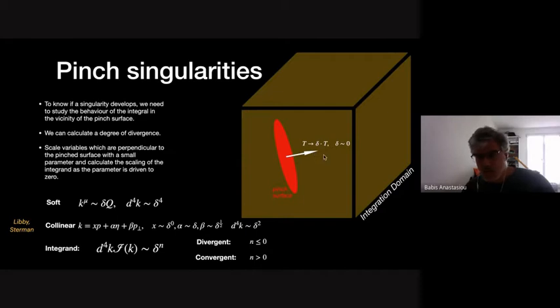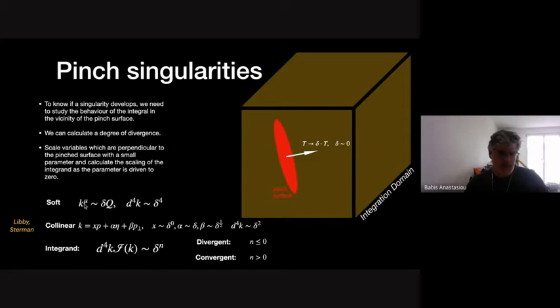Then you can scale the perpendicular variables by something small and examine how fast the integrand combined with the measure becomes divergent as you drive the parameter to 0. So, for example, the parameterization of a soft singularity is particularly simple.